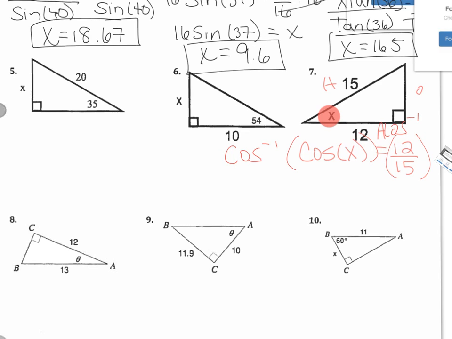Okay? Cosine of negative 1 is the inverse of cosine. So that would mean these would cancel out, and I'm left with x equals cosine of negative 1 of 12 over 15. In your calculator, how I would get cosine of negative 1 is I would press the blue button, which is second, and then I would hit cosine, because it says cosine of negative 1.